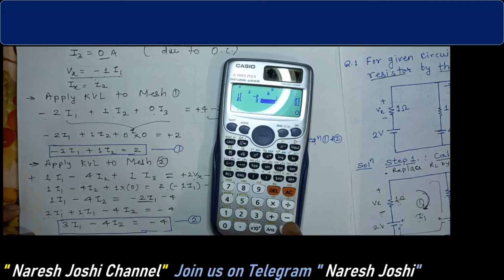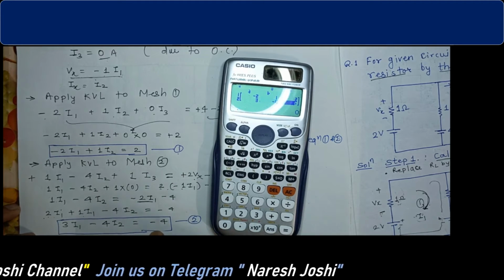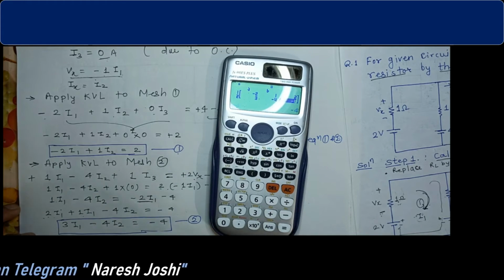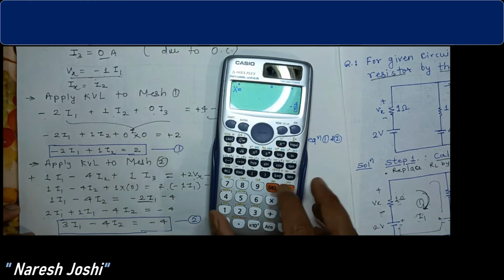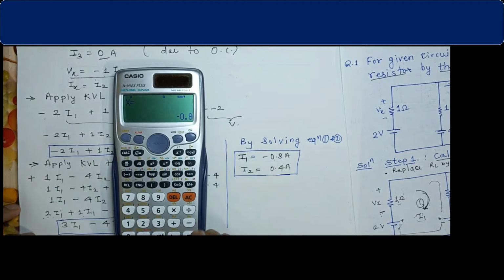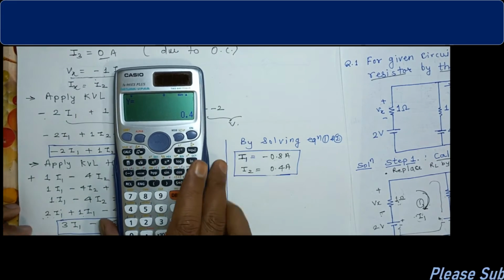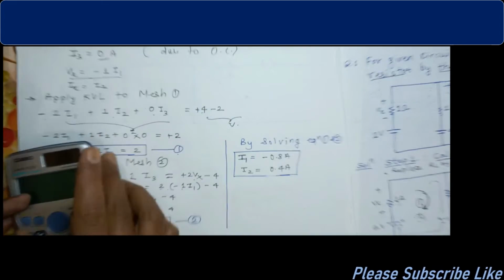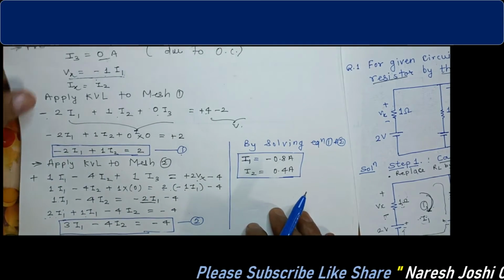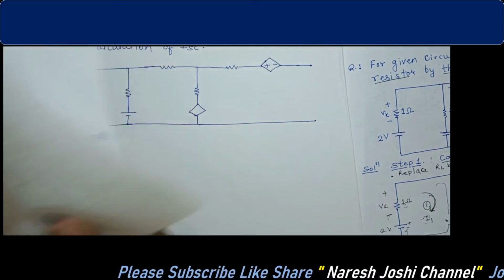Magnitude of I2 is minus 4, so you need to enter minus 4. Then finally minus 4, you have to enter minus 4. Okay, so equals, you will get minus 0.8, you can see this is minus 0.8, then next this is 0.4. I have already calculated this previously, so that's why I have directly written it, but I have already shown you.